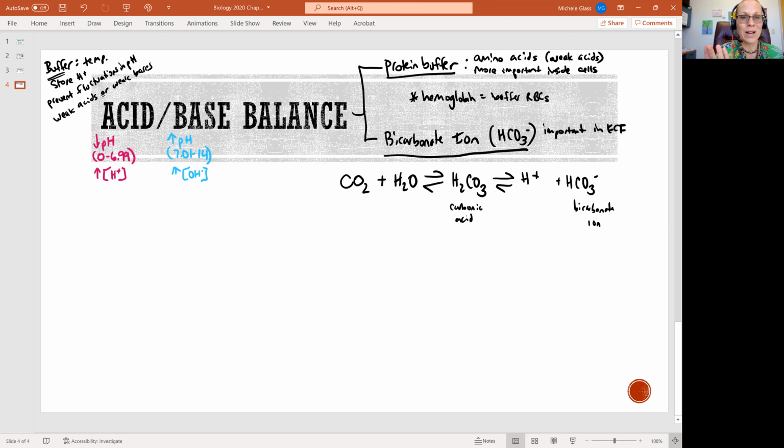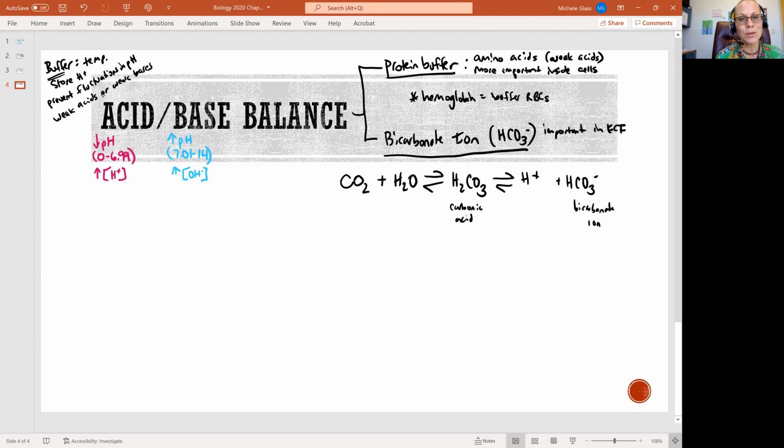So that's totally fine. Or, if our blood is too alkaline and we don't have enough hydrogen ion, we're driving the reaction the way I originally wrote it, where you slow down your respirations, you retain CO2, CO2 combines with water, you get carbonic acid, which is giving you a release of hydrogen ion.